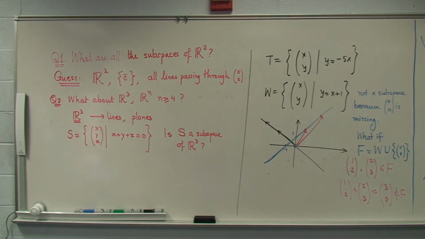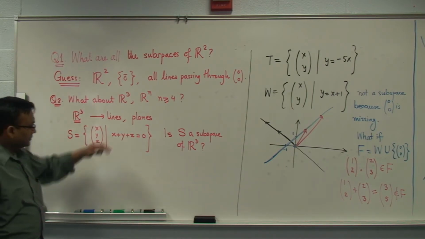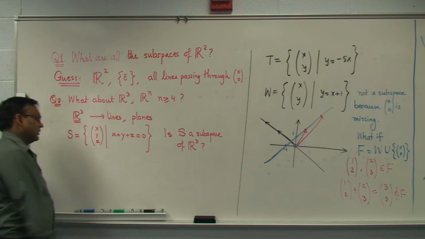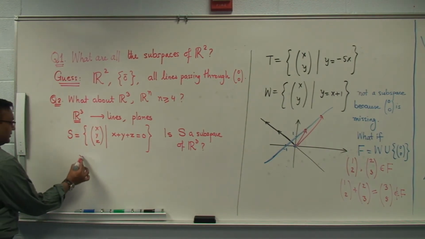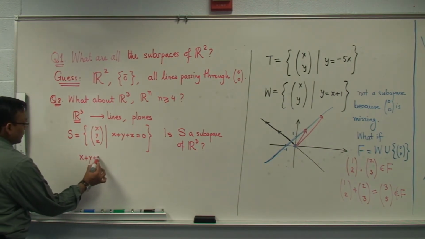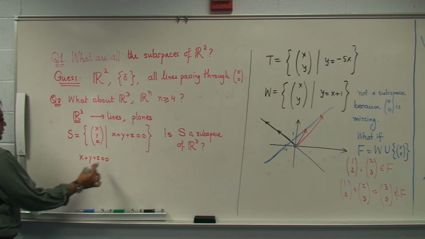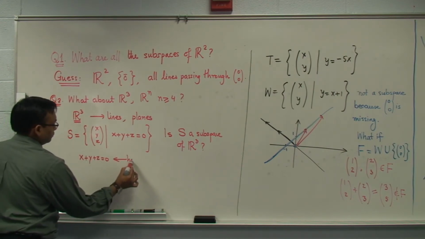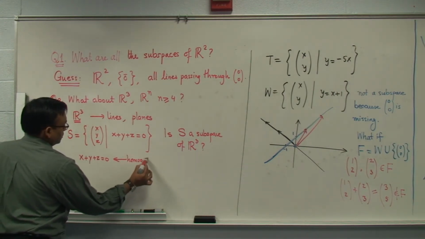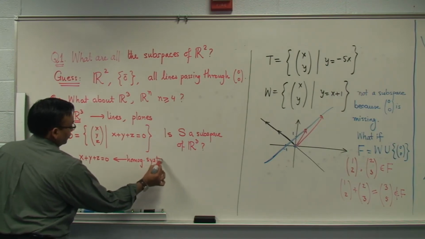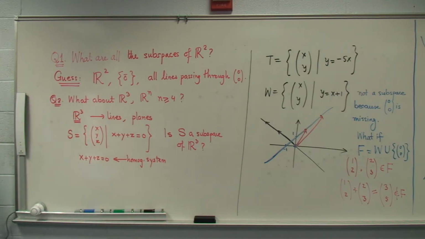Now there are a bunch of ways in which we can answer. One of the ways I have just shown you a little while ago. If you focus on the condition I have given, x plus y plus z equals 0, isn't it a homogeneous system? Well, it's kind of a misnomer to call it a system because it has only one equation, but let's keep with the terminology.